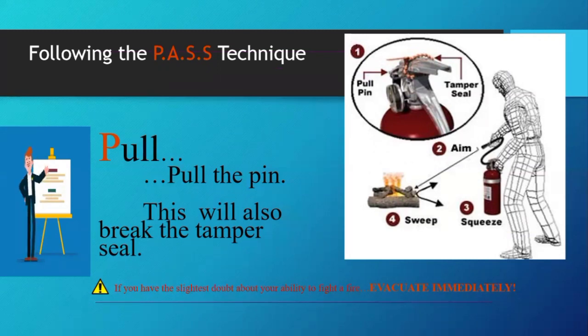If there is no tamper seal, perhaps someone already used the fire extinguisher, meaning it may already be empty. So if it is not yet used, you can observe that there is still a tamper seal. You have to remove the tamper seal first, then you can pull the pin.